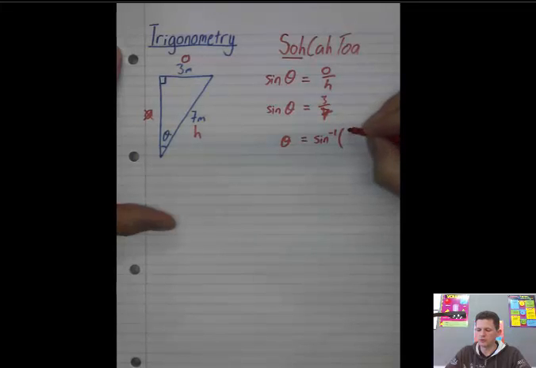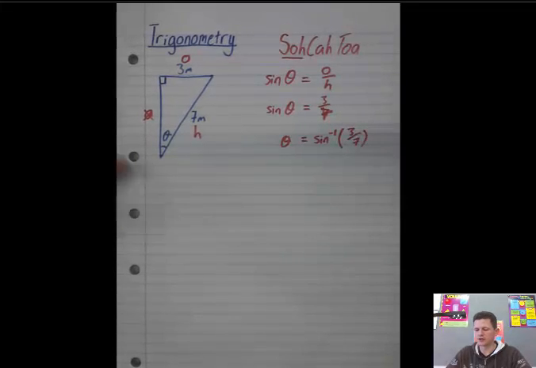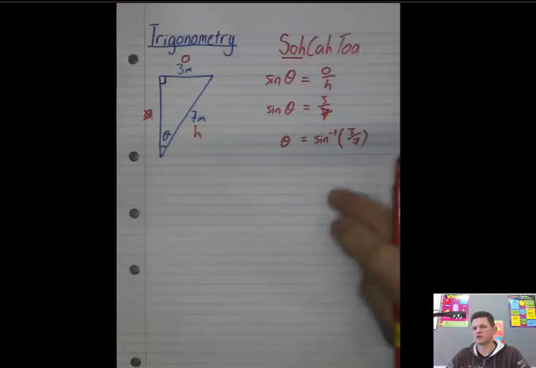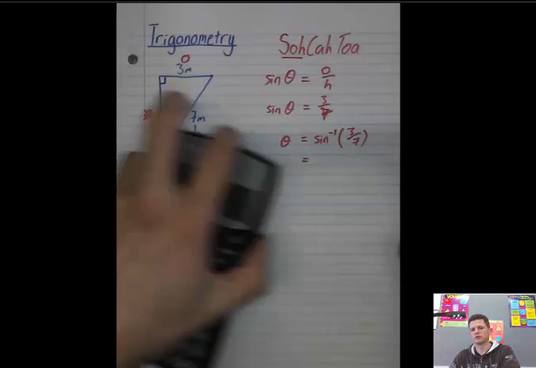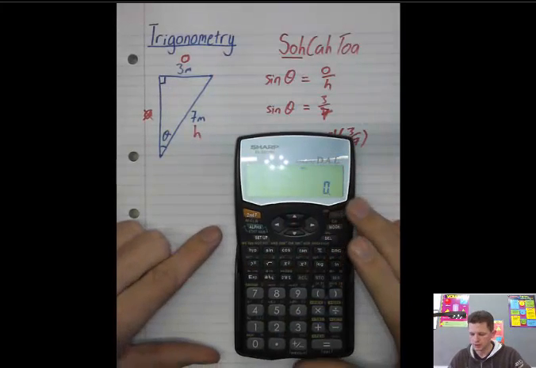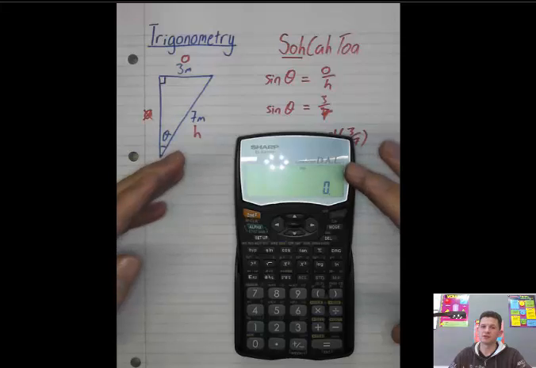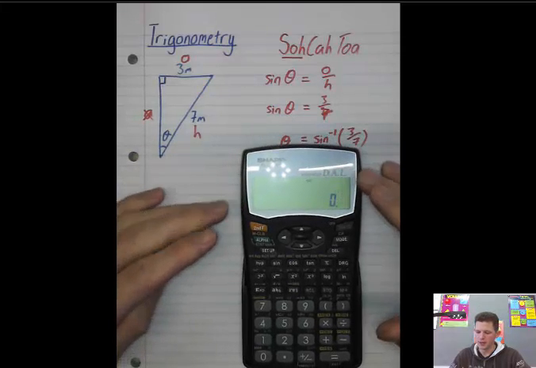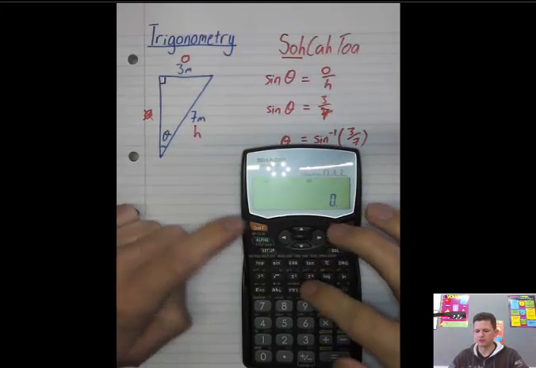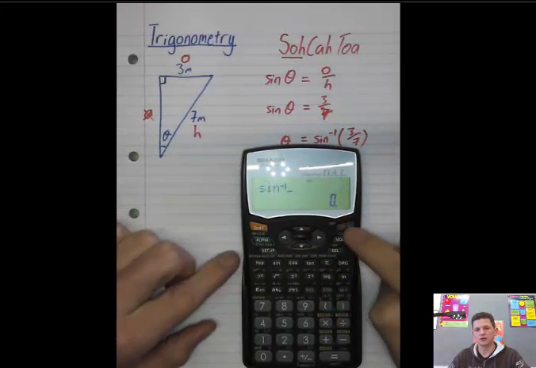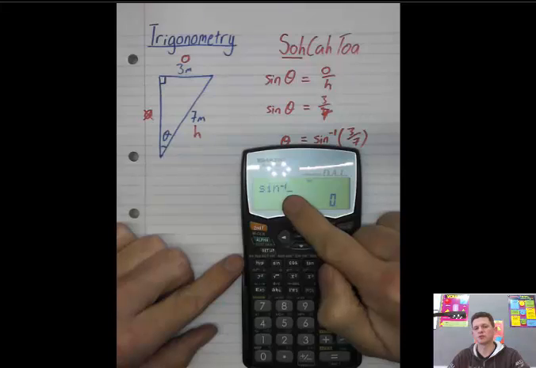And then what we do is we put that 3 over 7 in brackets, and using the brackets is going to be really important. So that's actually what goes straight into our calculator. So again, degrees mode, if it's not there already. Instead of pressing the sine button like that, we're going to press shift or second function sine, and you'll see on the screen it's got a sine minus 1.